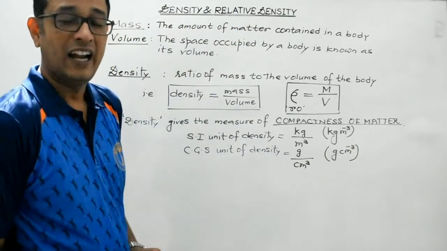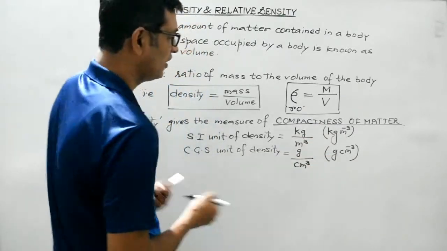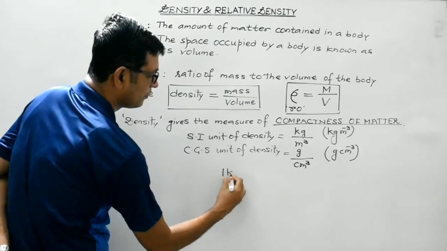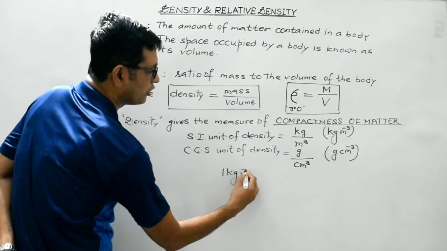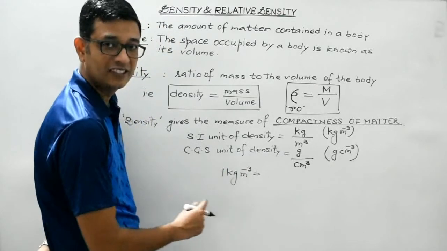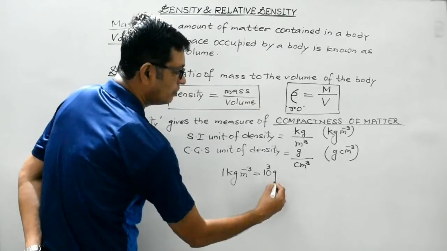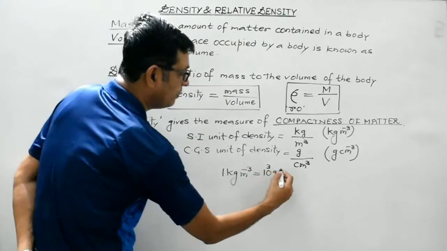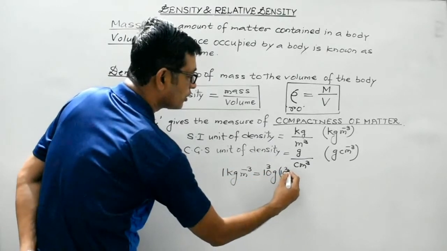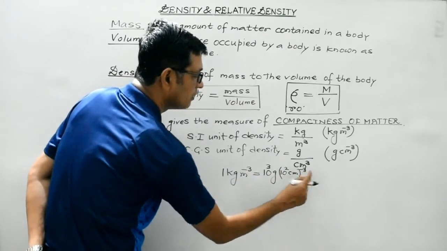Right? And students, you need to know the relationship between these two as well. 1 kg per meter cube is equal to, let's solve it. 1 kg is 10 raised to the power 3 gram. Am I clear? 1 meter is 10 raised to the power 2 centimeter, to the power minus 3.